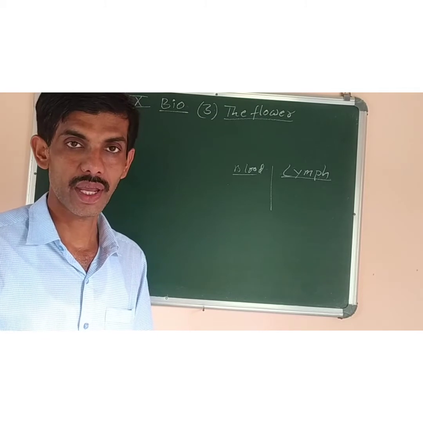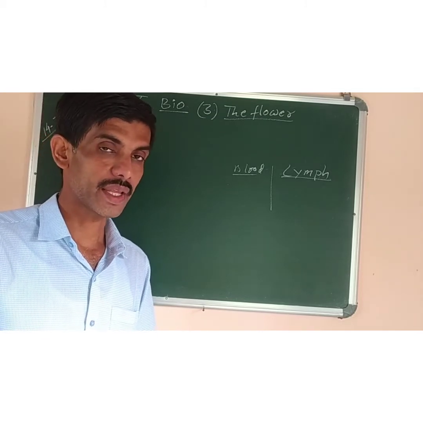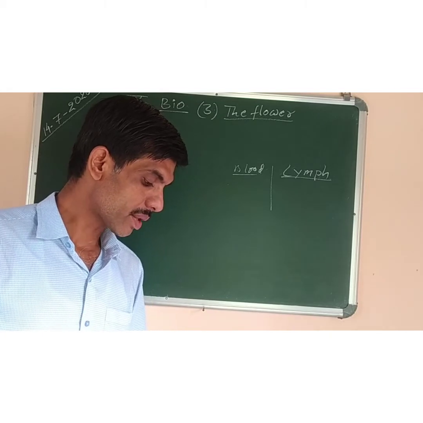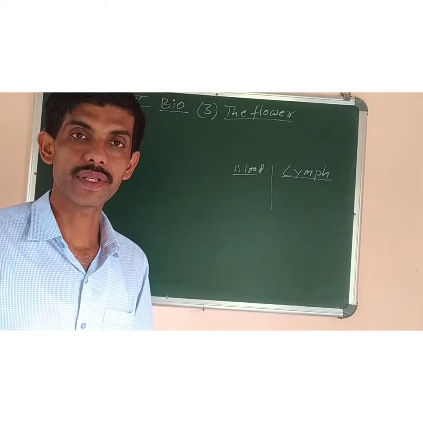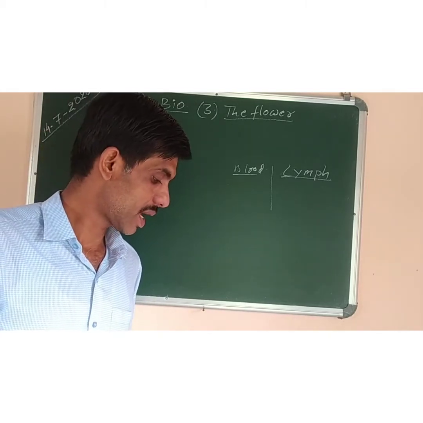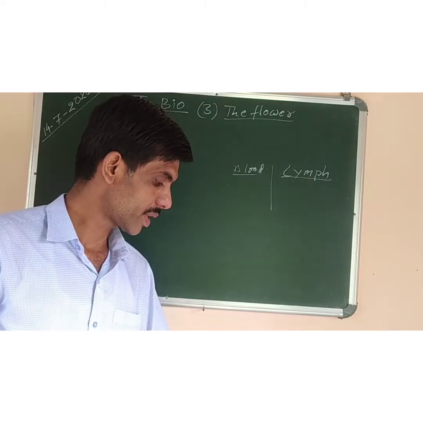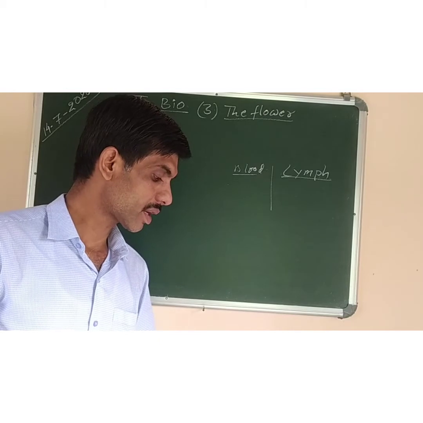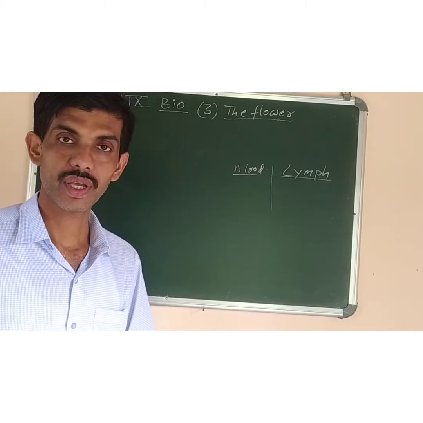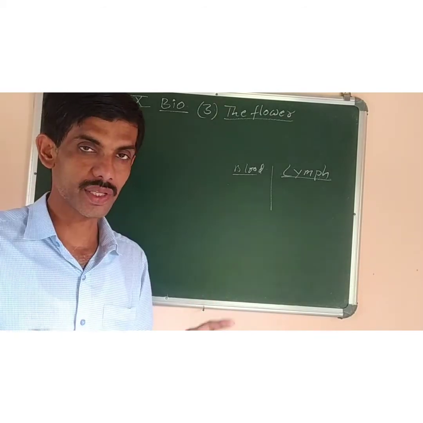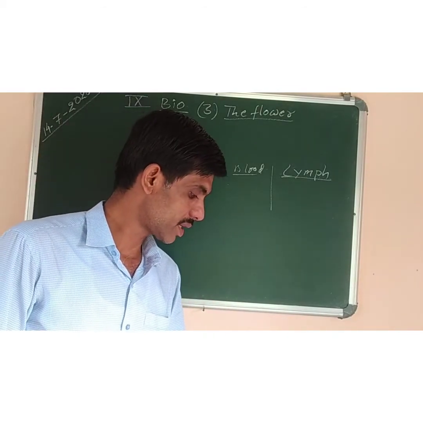Like heparin is an anticoagulant, like that which is the other anticoagulant you have to find out. Then why are the muscle cells called muscle fibers? Because they are elongated. Then long answer questions are there, in which describe the different types of connective tissues and give examples. So you have to write all that classification chart and explain each of them.